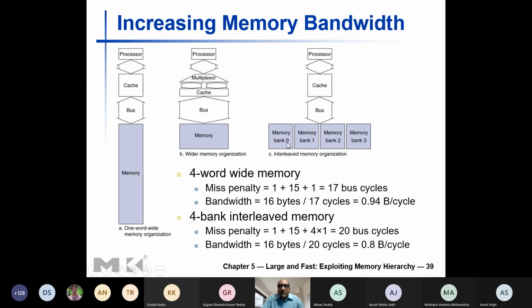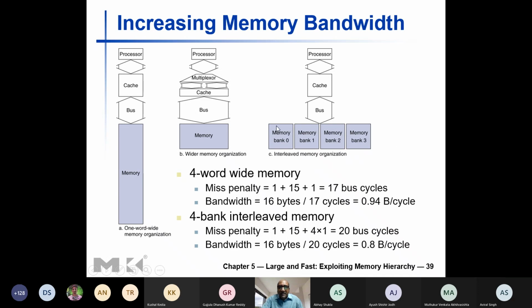But if you organize the memory in the form of banks, with a single address you can access the 4 words from the 4 banks together in one access itself.